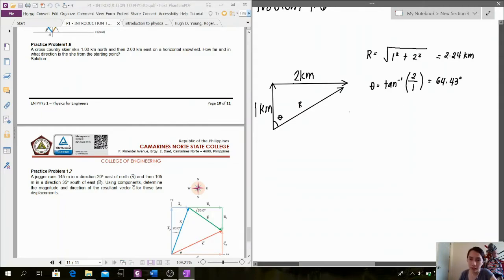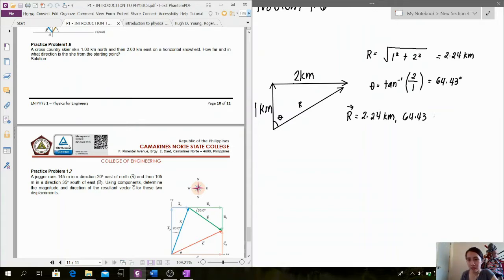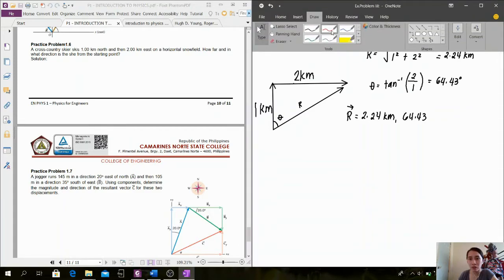So for the resultant vector r, we have 2.24 kilometers, 64.43 degrees east of north. So we have the north as the reference direction, and we are going east. So that is east of north.